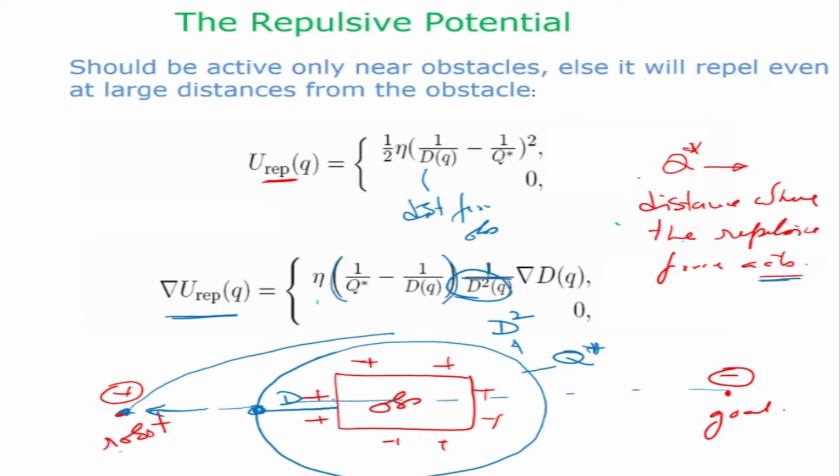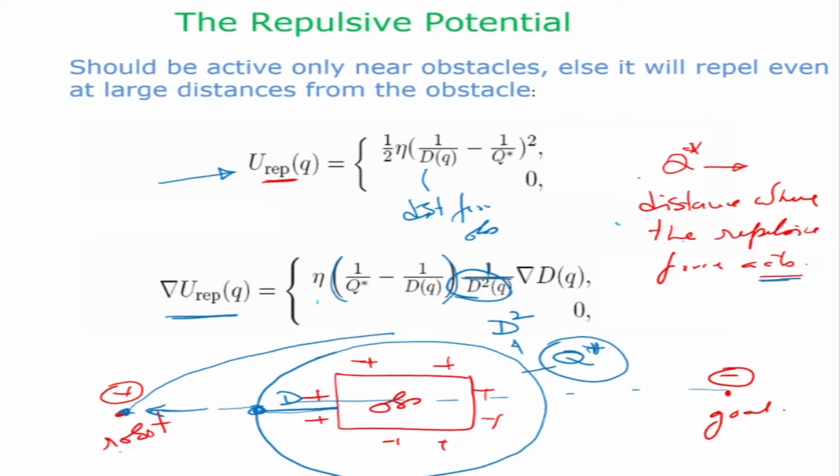And at the surface of the obstacle, when the robot just hits it, d becomes 0, so this becomes infinity. So the repulsive potential has been formulated essentially to ensure that when the robot comes right onto the obstacle, the force becomes infinity. That cannot happen, so the robot will get pushed away. This shows that the effective distance q star actually controls when the repulsive force will become effective on the robot.